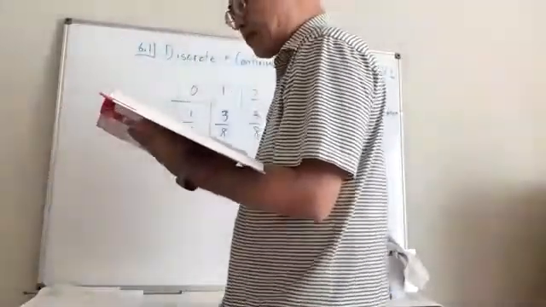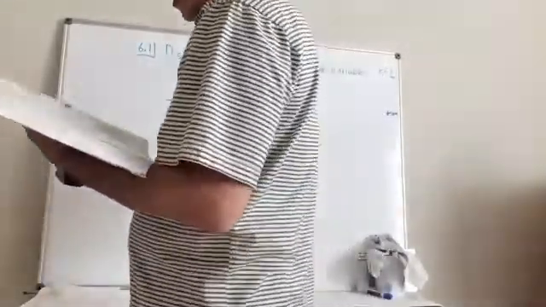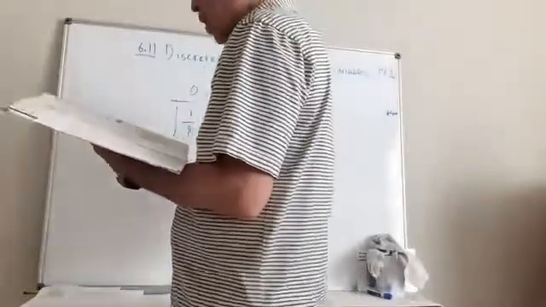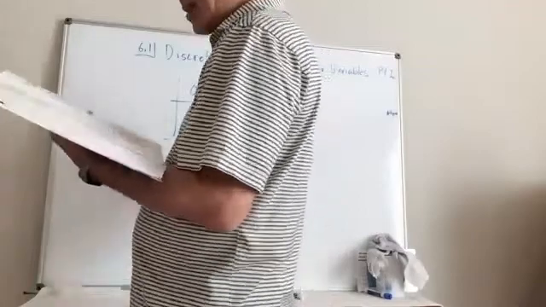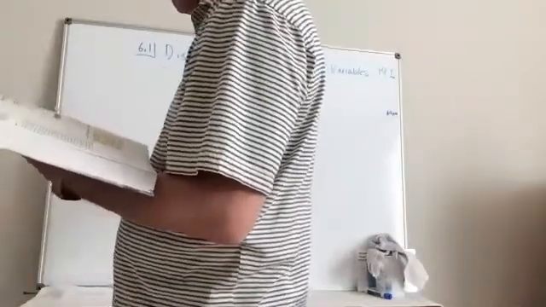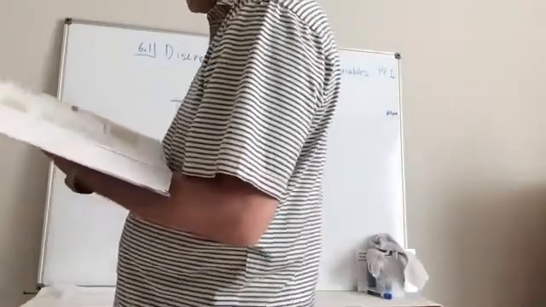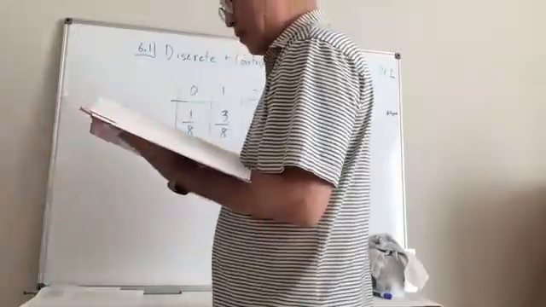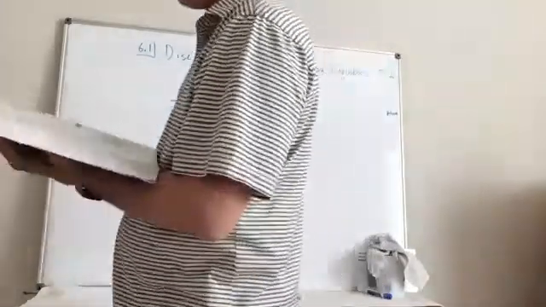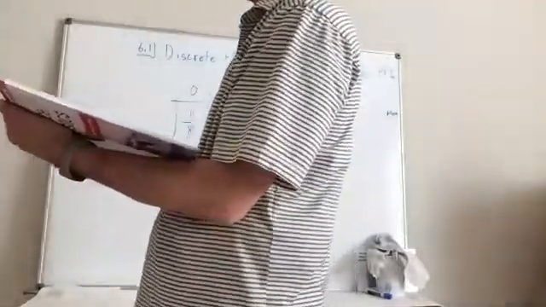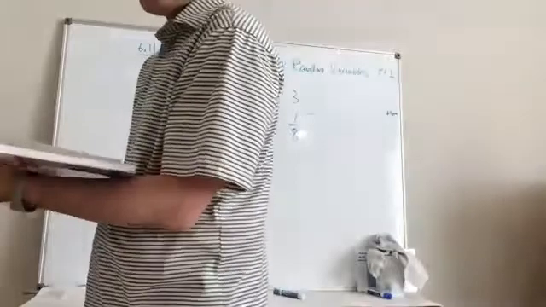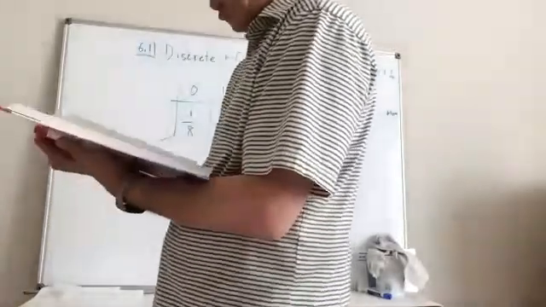And if you look, every score is given a probability except for 0. So how would you find what 0 is? You would just add the rest and subtract it from 1, because all the probabilities in the distribution have to add to 1, right?